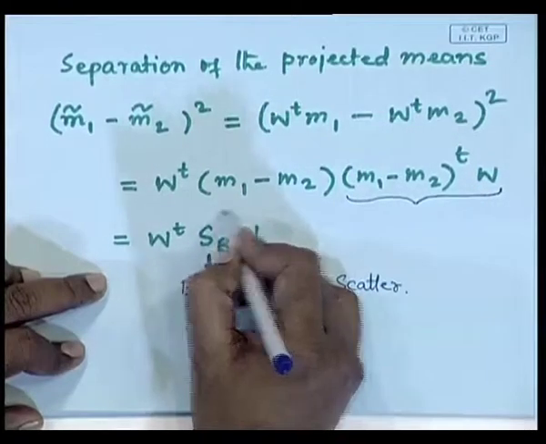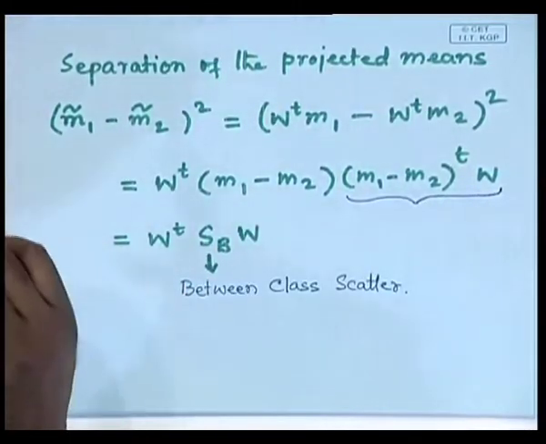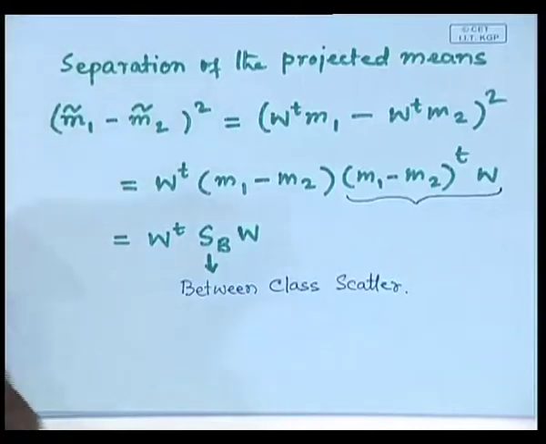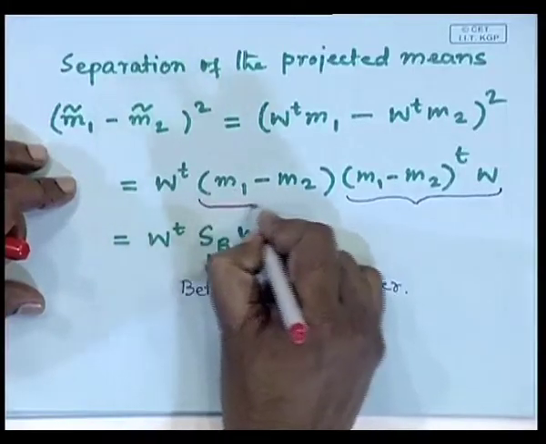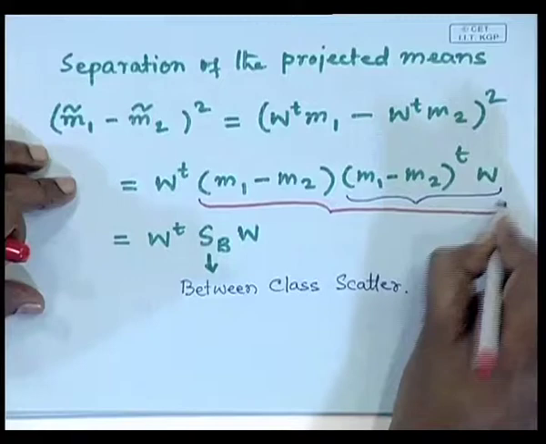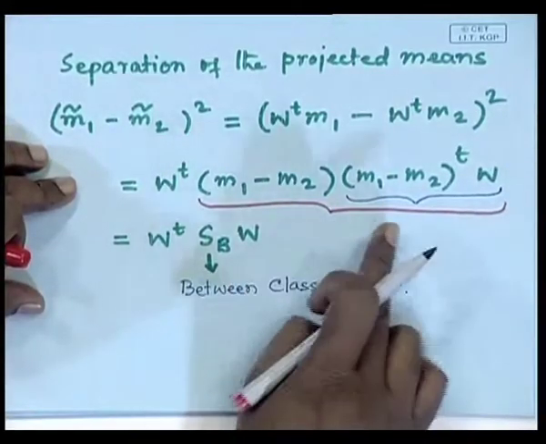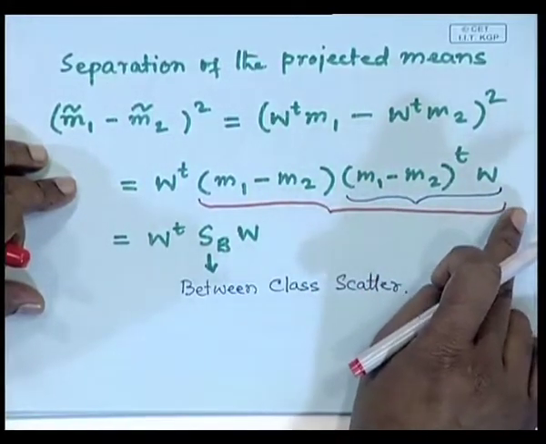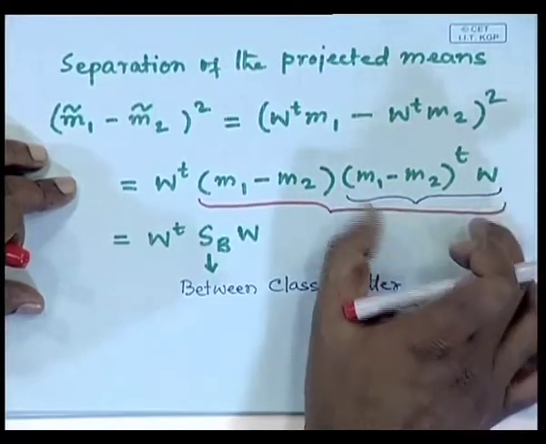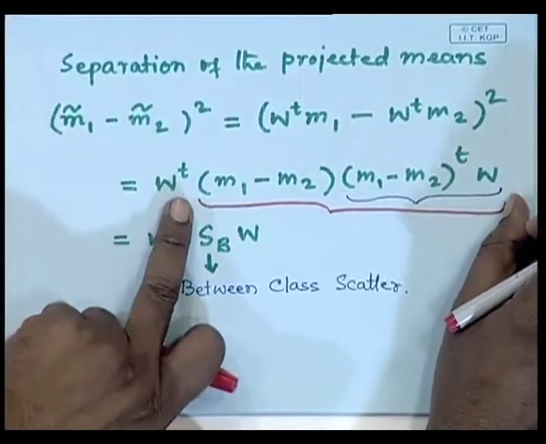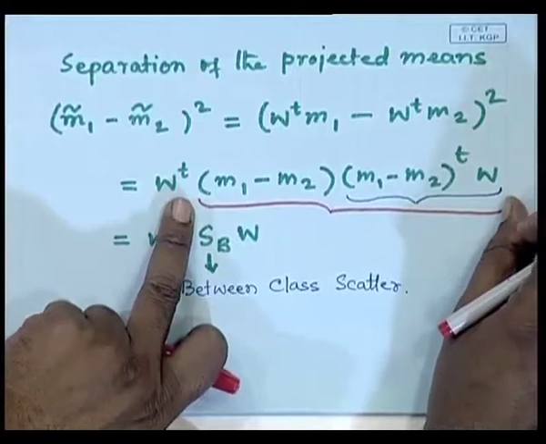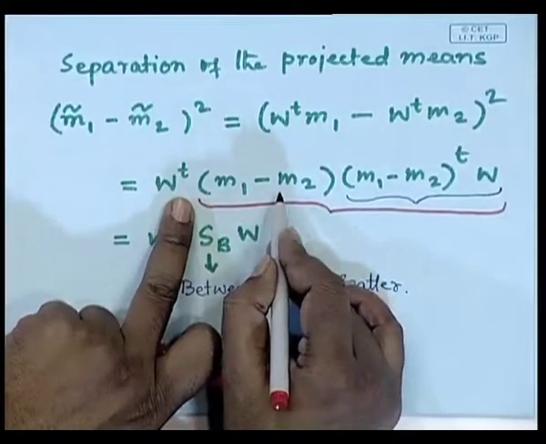And when this is a scalar, the total term M 1 minus M 2 into M 1 minus M 2 transpose W, this whole portion will be a vector in the direction of M 1 minus M 2.